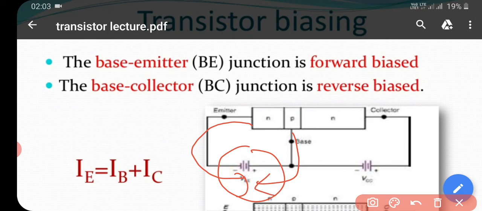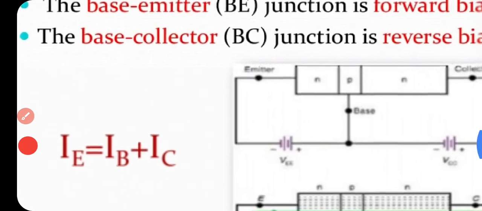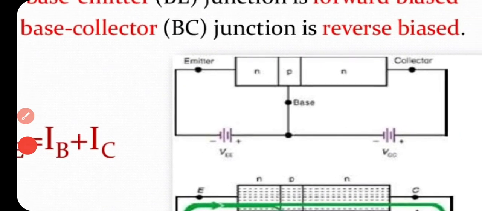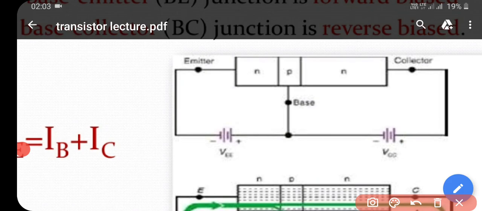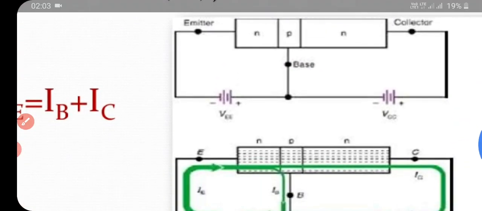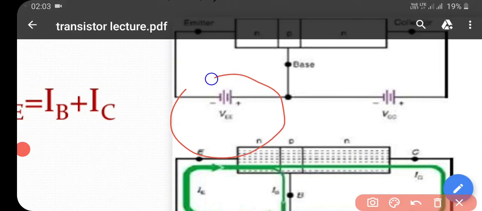Similarly, base collector junction is reverse bias, so we connect the positive terminal of battery with N and the negative terminal with P. When this forward voltage exceeds the cut-in voltage, the barrier breaks and charge carriers start to flow toward the collector region, current starts flowing and the transistor starts working.